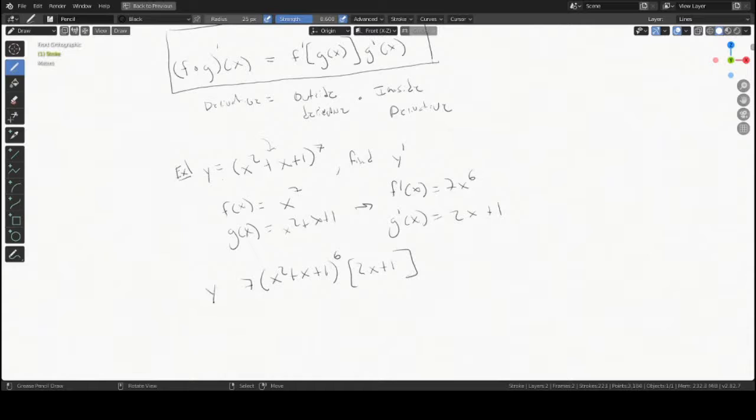And that is what y prime is equal to. Okay, and I suppose you could probably simplify this, but that's going to be the answer to that.